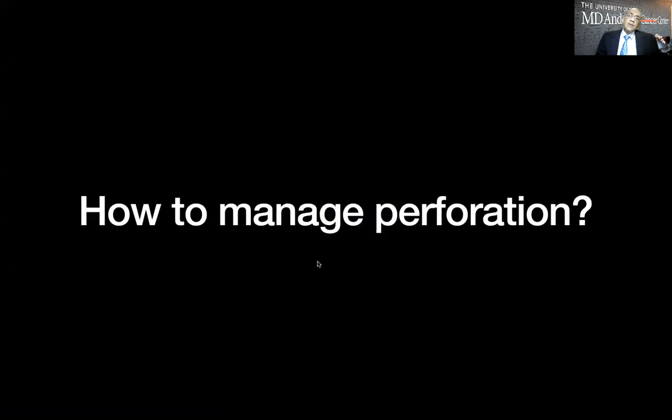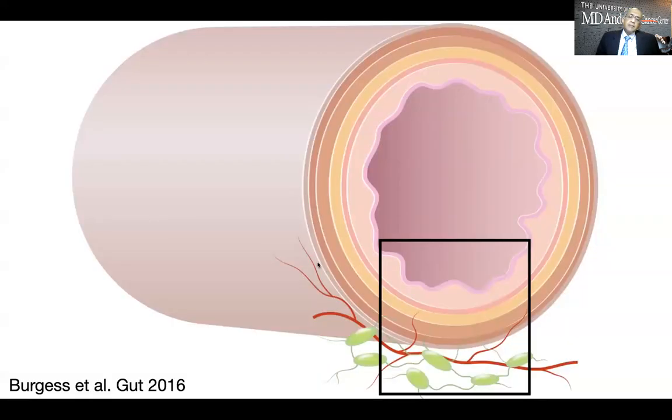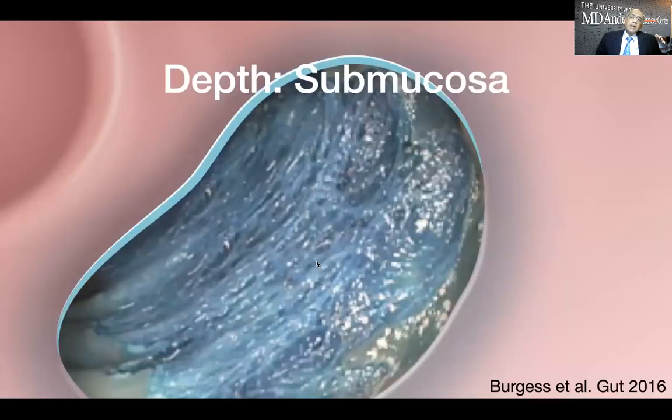Then comes how do you manage a perforation? So let us talk about the wall of the colon. And once you cut, I suggest that as a routine, if you use saline, you put either indigo carmine or methylene blue to have it like a sky blue when you do the injection. And that solution will be taken up by the submucosal collagen and it stains blue.